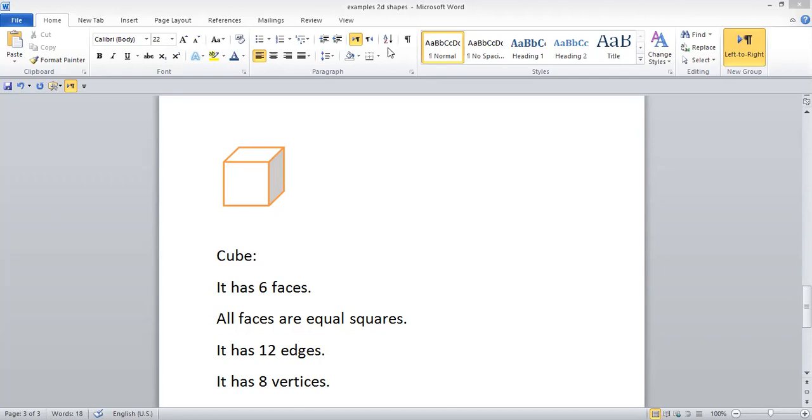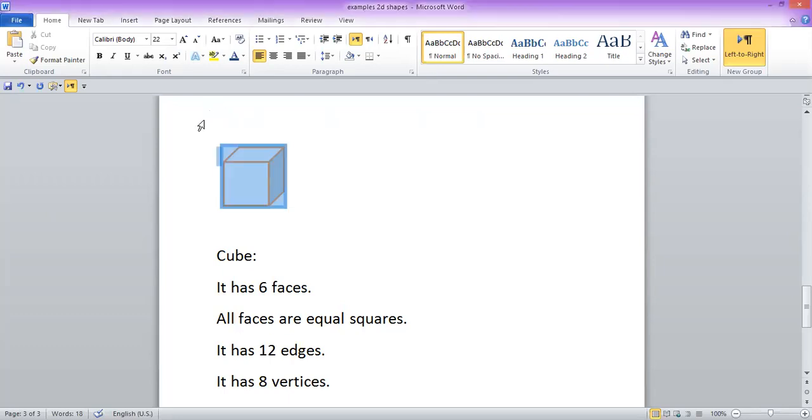And how many edges are there in a cube? 12. Very good. And how many vertices are there in a cube? 8. Very good. Now take out your notebook and write this in your notebook.